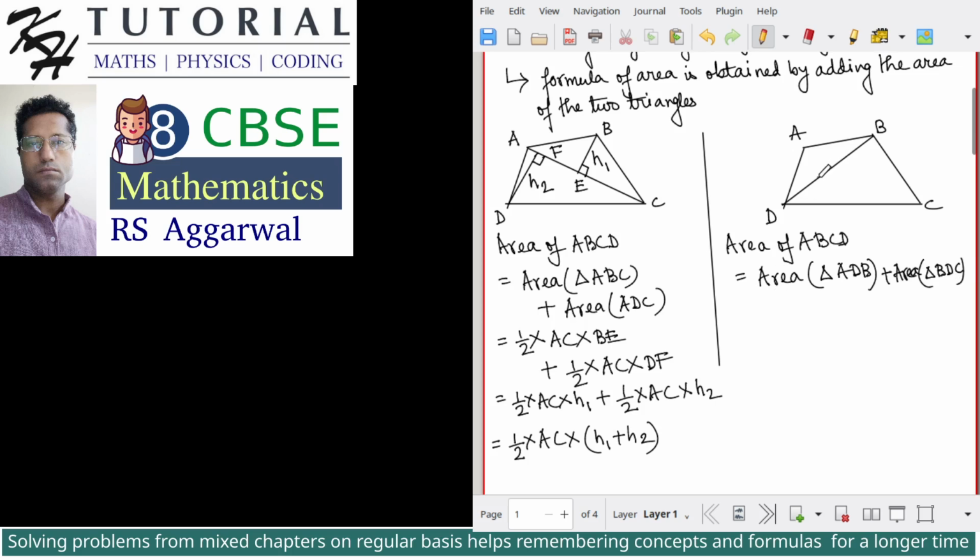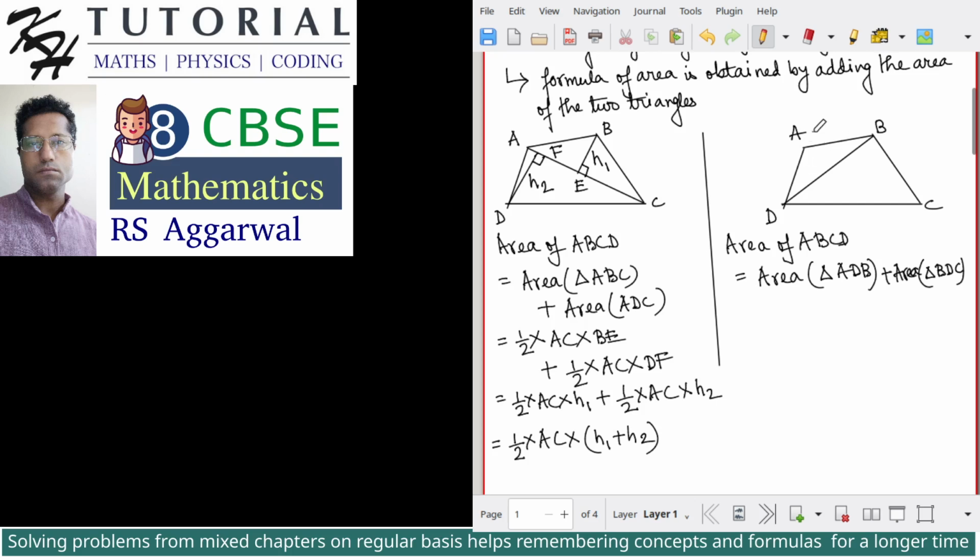So similarly, as we did on the left hand side, we will have to consider BD as the common base of these two triangles, and we will have to draw the height of the two triangles.